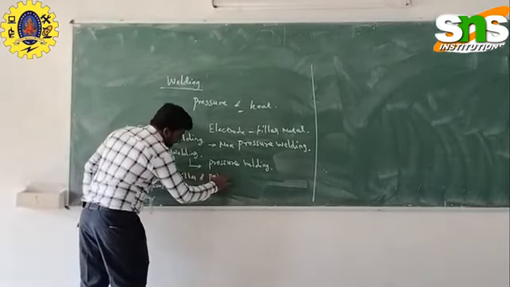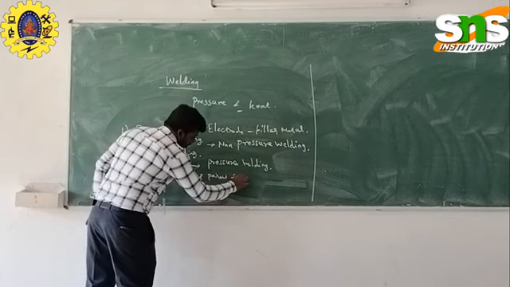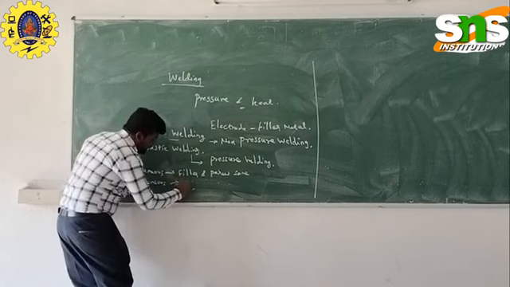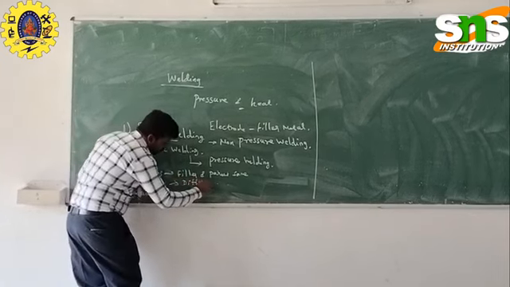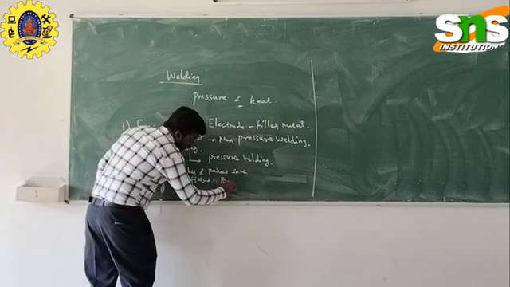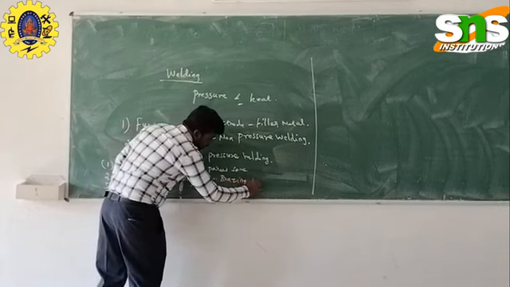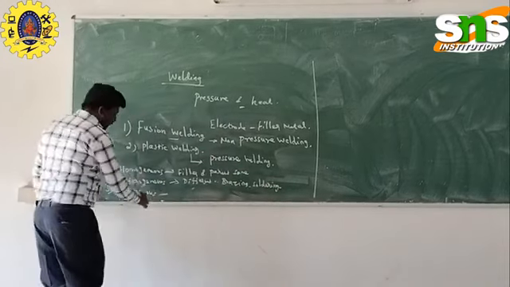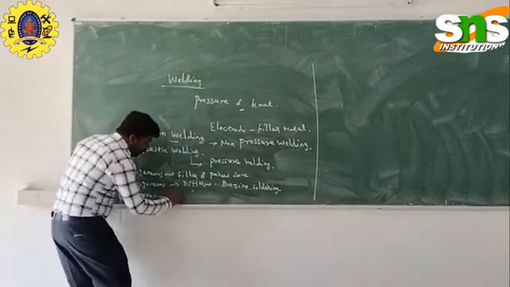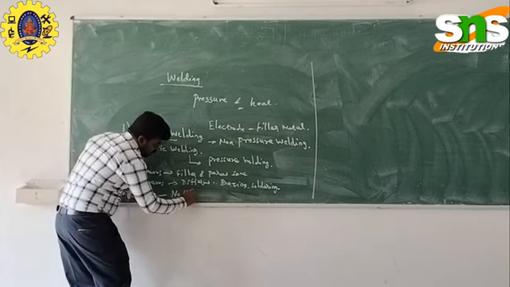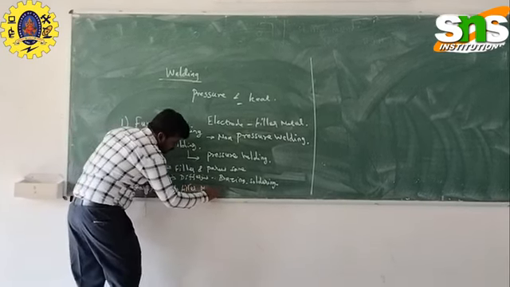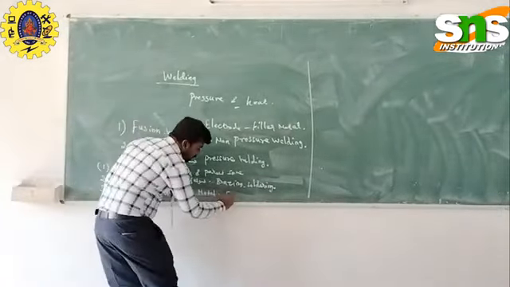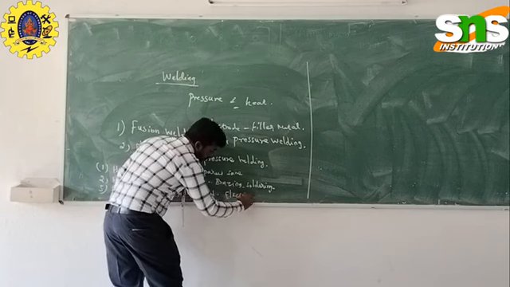In heterogeneous welding, the filler and the parent materials are different. For example, there are two operations: brazing and soldering. In autogenous welding, there is no use of filler metal to join the edges of the two metals. For example, electric resistance welding.